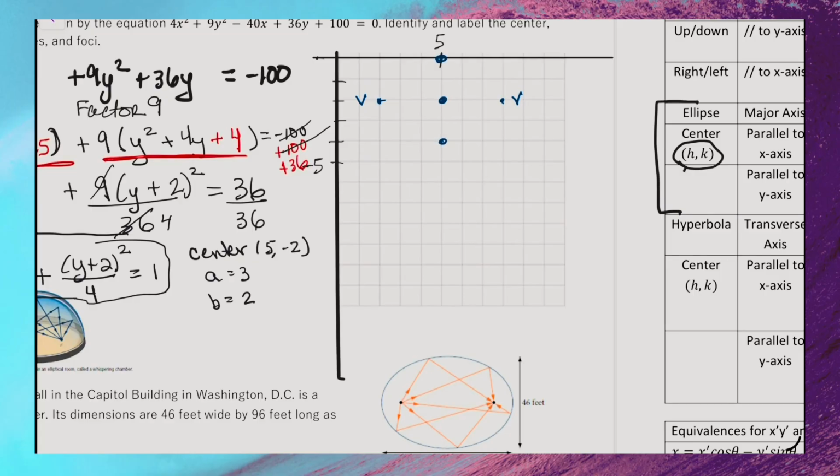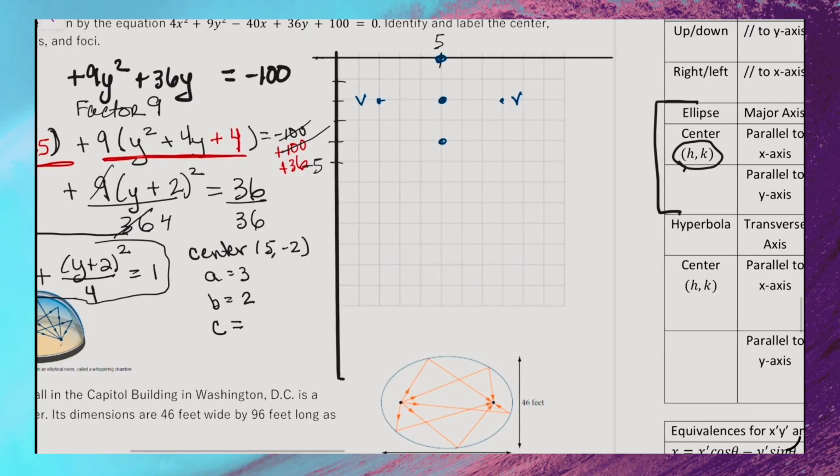Co-vertex, co-vertex. The last piece of information I don't have is the foci, and that is along the major axis, c units. Now remember, when it comes to ellipses, there is a Pythagorean relationship, but a is the largest.